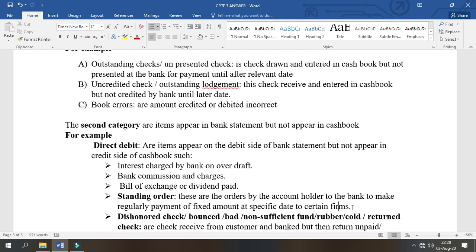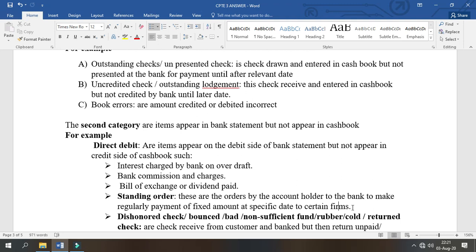So the bank may debit those amounts, but until the bank statement is sent to the customer, the client does not credit that amount in the cash book.